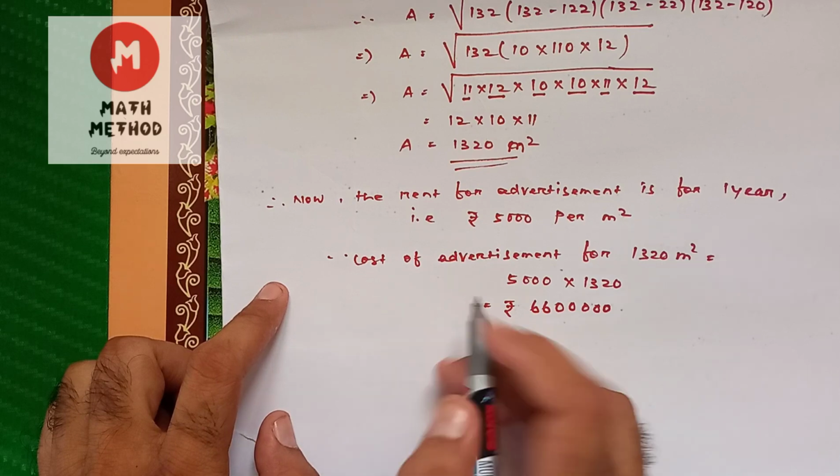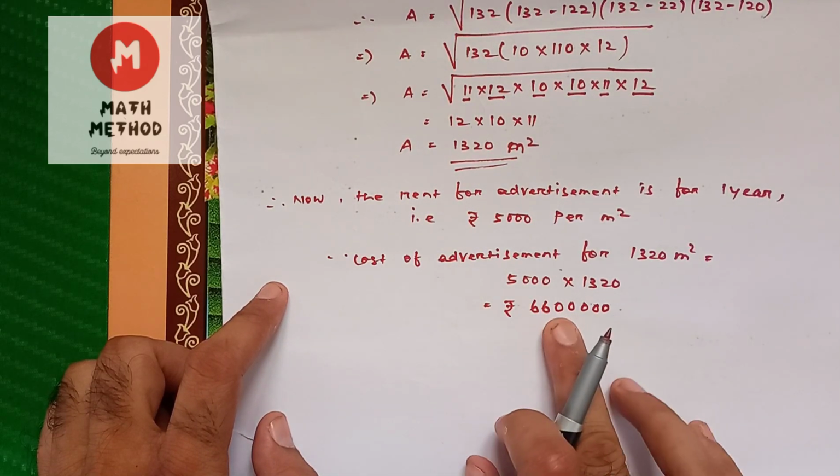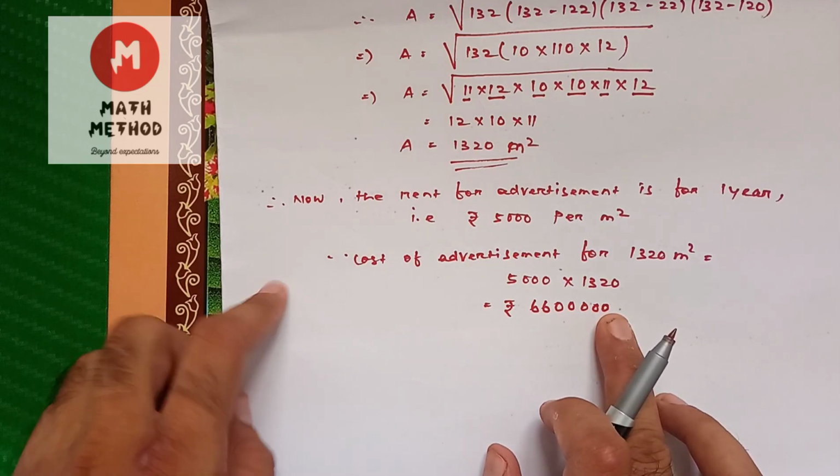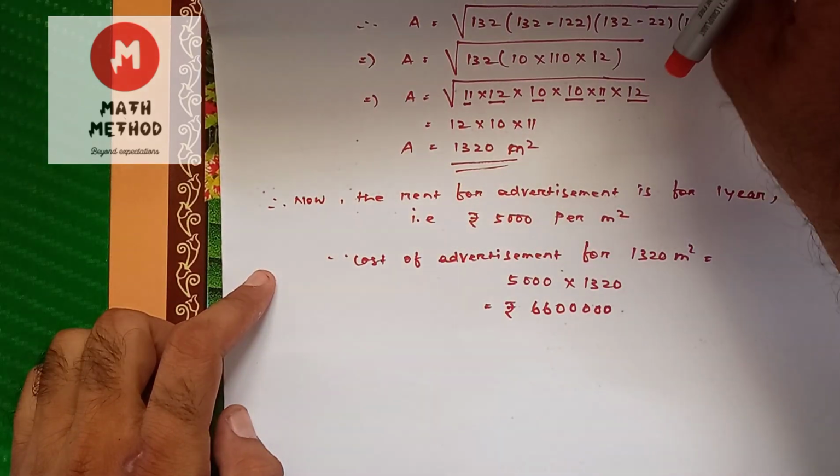Therefore the cost of advertisement for 1320 meter square is equal to 66 lakhs. Clear?